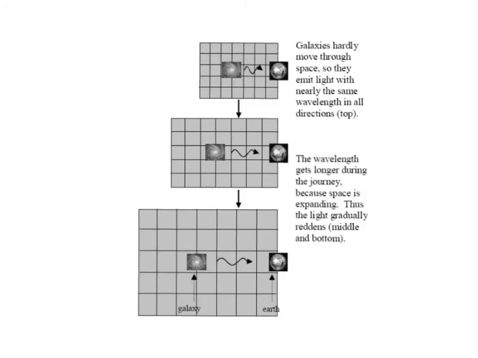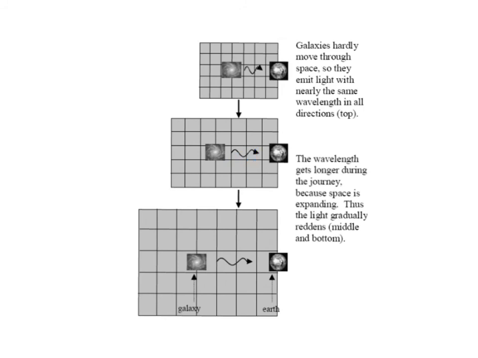So this diagram here quickly illustrates the principle of the Big Bang. So you have a galaxy that gives off a spectrum of electromagnetic radiation, and the wavelengths travel toward the Earth. But now, over a period of time, as the universe expands, space expands, and so the wavelength starts to stretch.